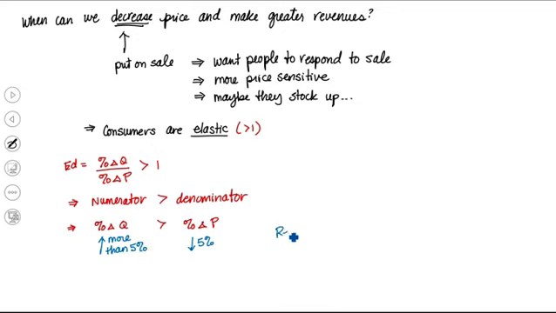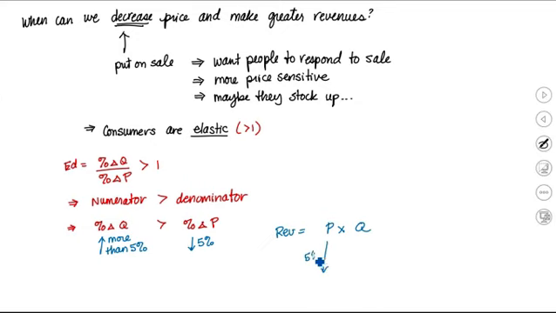So if we're looking at revenue, where revenue equals P times Q, if we lower our price by 5%, quantity goes up by more than 5%.